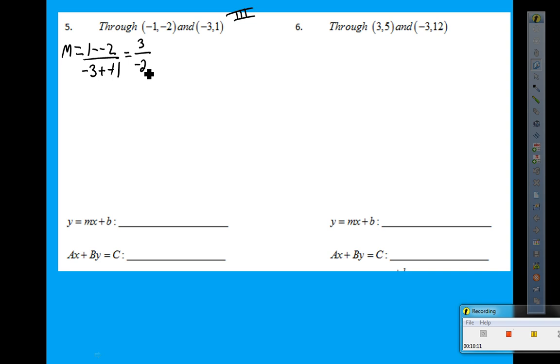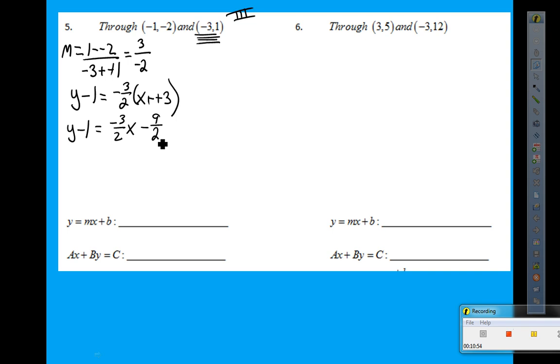Now, pick which point that you want to work with. I'm going to pick this guy just because he had less negatives. So here goes. I'm going to go y minus 1 equals negative 3/2 x minus negative 3. And we know two negatives make a positive. Let's simplify this now. So I'm going to have y minus 1 equals negative 3/2 x. And this one's going to look a little weird, but it's going to become minus 9/2.